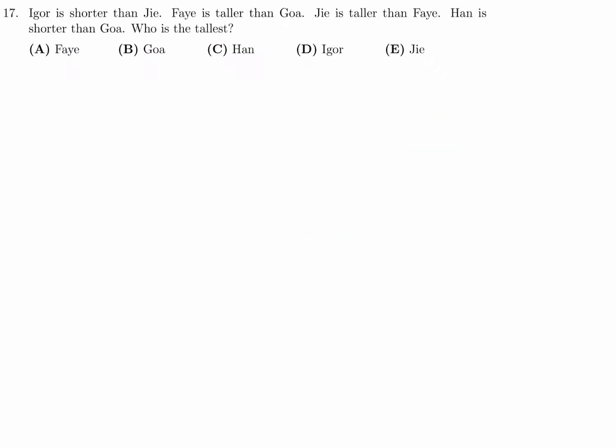Igor is shorter than J. Faye is taller than Goa. G is taller than Faye, and Han is shorter than Goa. Well, who is the tallest? All right, so Igor is shorter than G. G is taller than Faye.